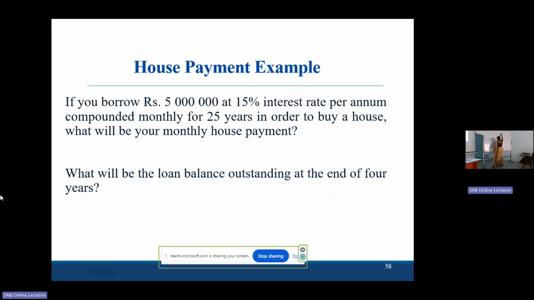So after 48 installments, now you have paid, you have deposited in the bank. So now you are going to settle the loan at the end of 4 years. So continuously you have paid the monthly installment for 4 years.